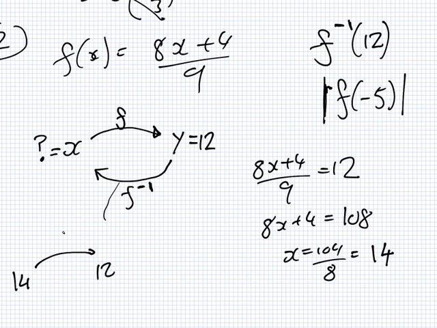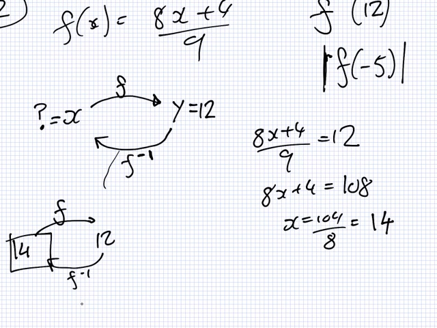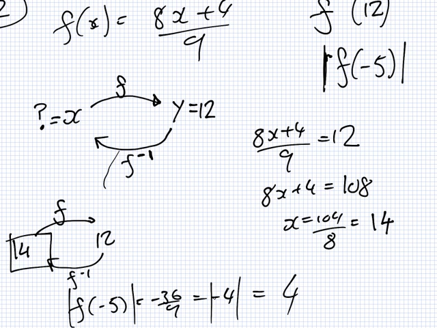So f of 13 takes me to 12, which means f inverse of 12 takes me back to 13. So 13 is the answer for that. Then the absolute value of f of minus 5. If I just put in minus 5, that would be minus 40 plus 4, which is minus 36, over 9, which is minus 4. So the absolute value of it will be just 4. Okay, so that's number 2 then.